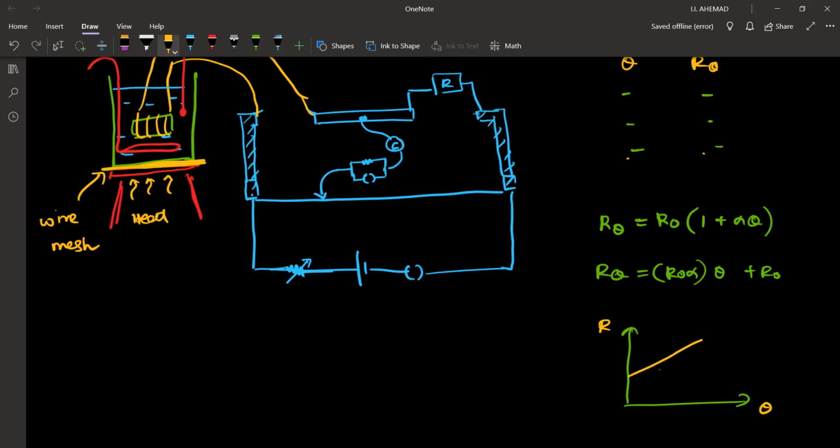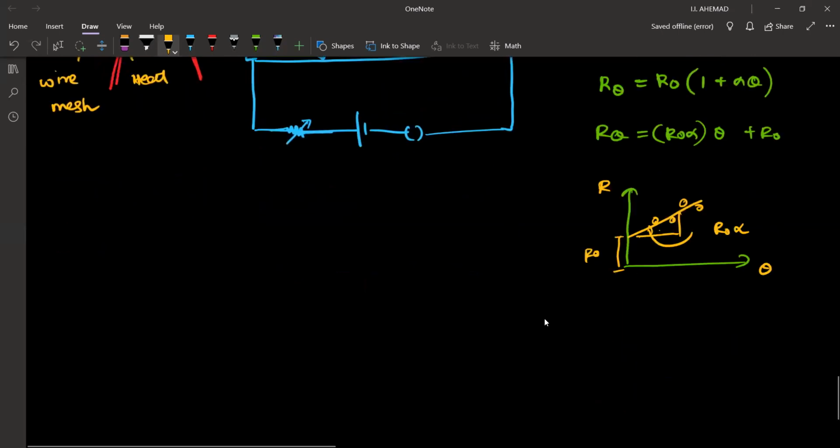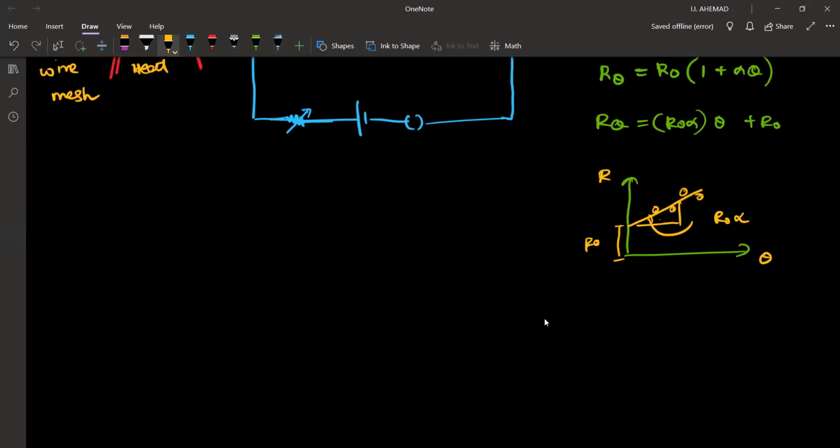Using the data points, I must be able to draw a graph. Using the graph, the intercept is going to give us the value of R naught. The gradient will give R naught alpha. So from the intercept, we found what is R naught. Then when you divide the gradient by intercept, you get alpha. Okay.